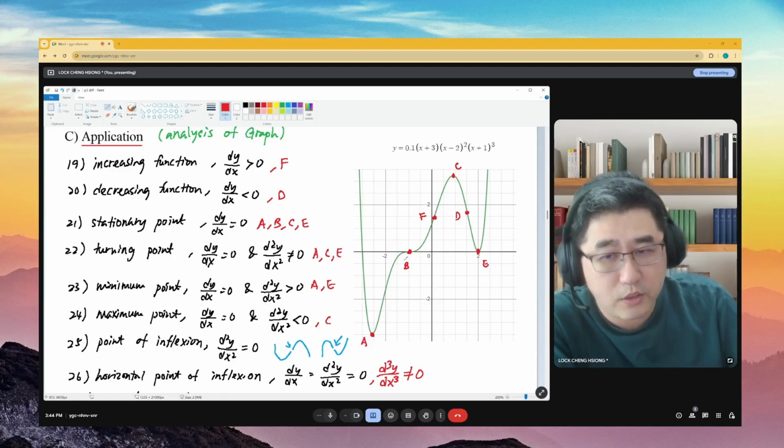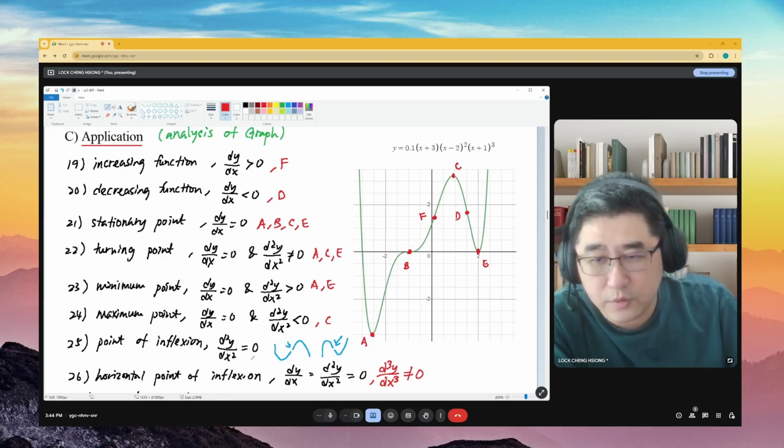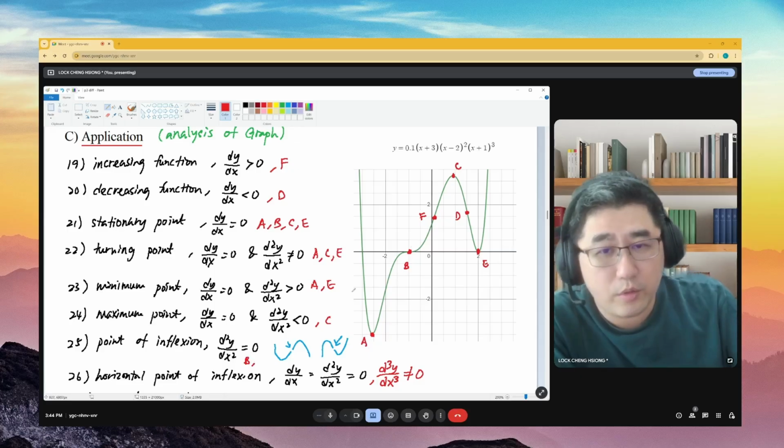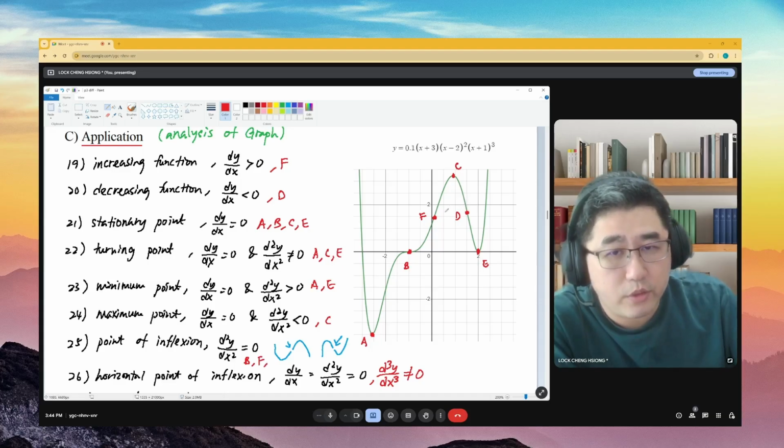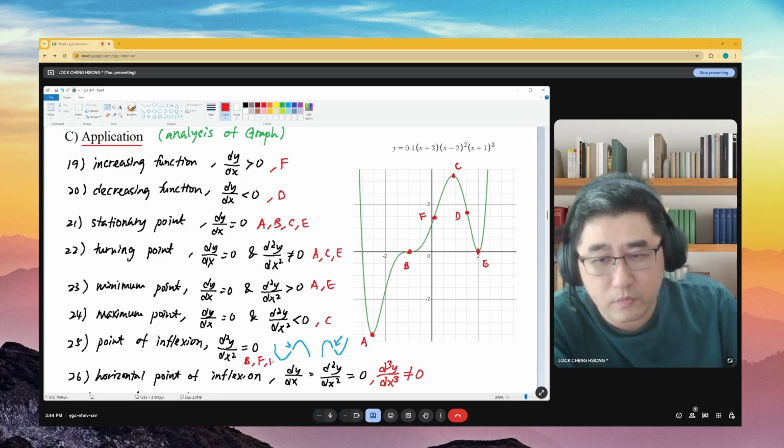Point B here is initially a sad face, then becomes a smiley face, so point B. Point F is initially a smiley face, then becomes a sad face. Point D is initially a sad face, then becomes a smiley face.